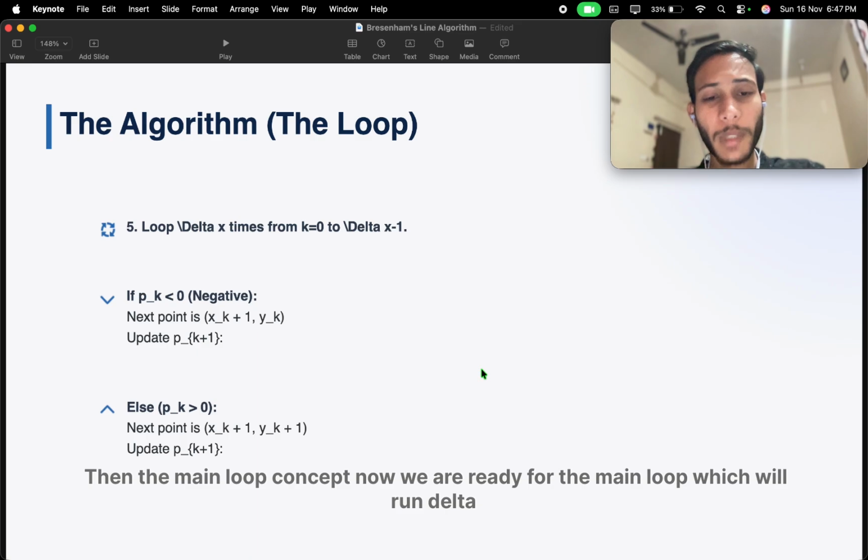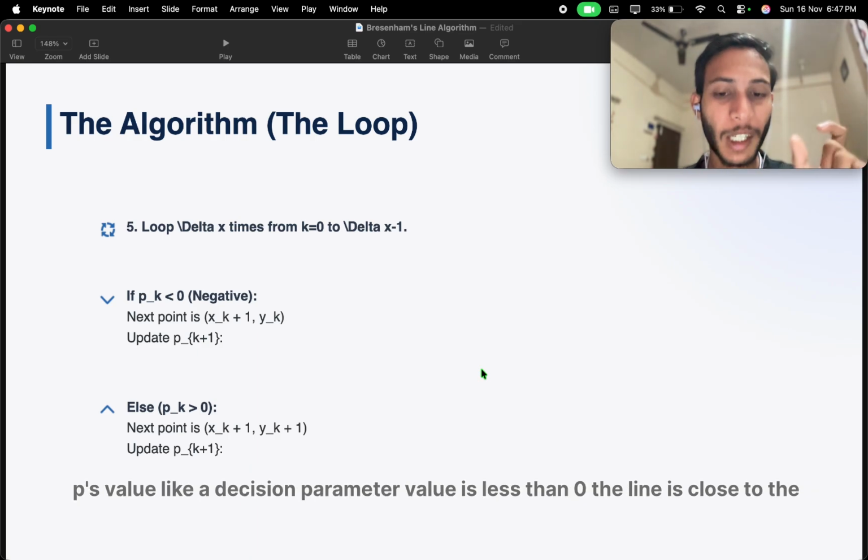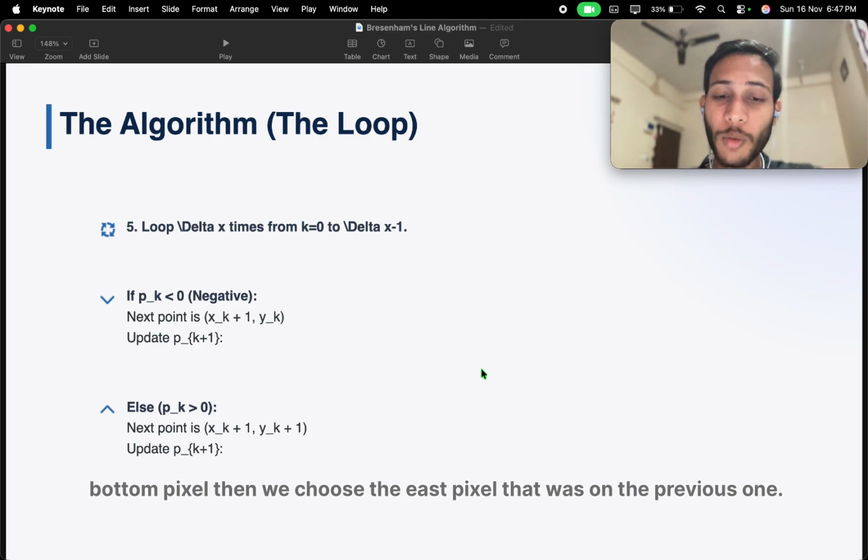Now we are ready for the main loop, which will run delta x times to draw the rest of the line. For each step, we perform a simple check. If the decision parameter value p_k is less than 0, the line is close to the bottom pixel, so we choose the east pixel.